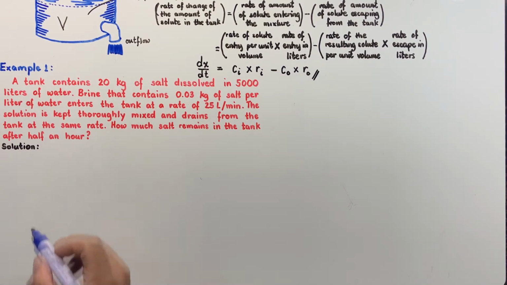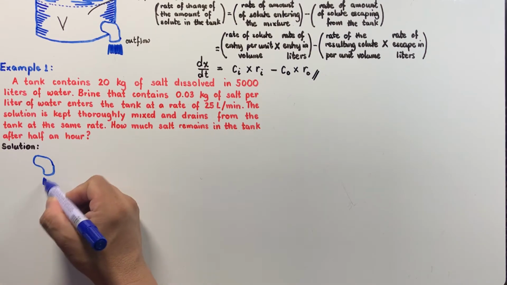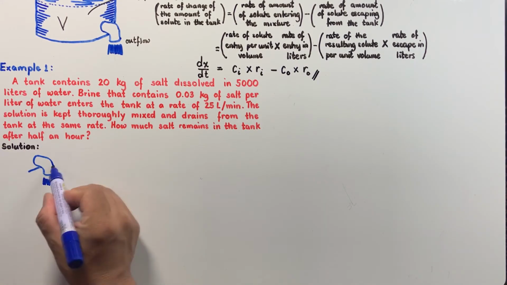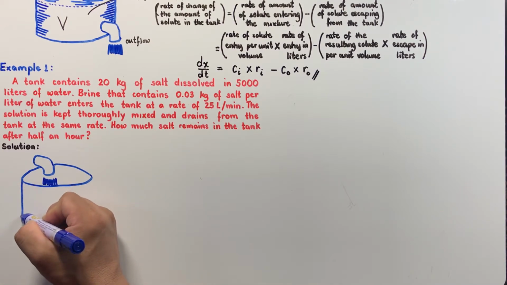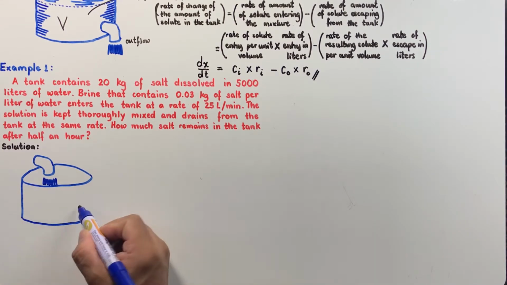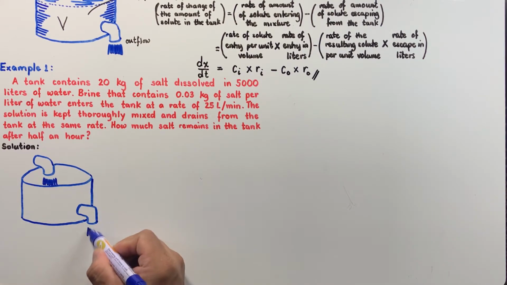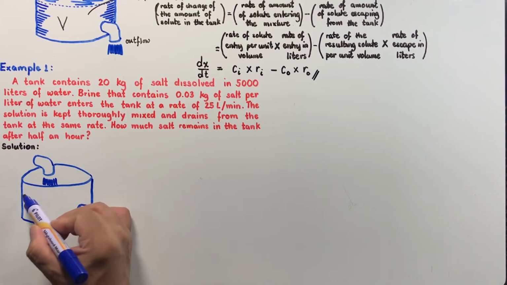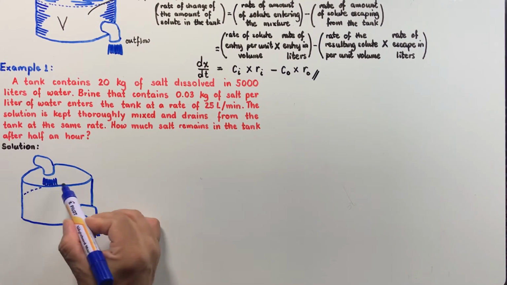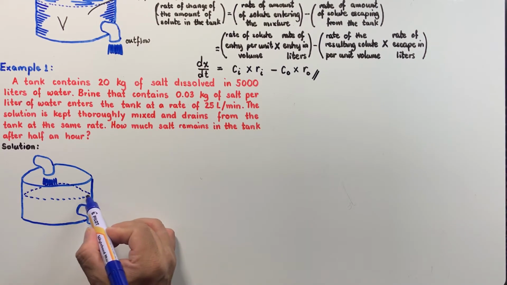So first, let us draw the inlet pipe towards the tank. So this is the inlet pipe whose job is filling the tank by some solution. There is also another outlet pipe of this tank. So this is the inlet pipe, this is the outlet pipe. Now remember that this tank also contains some solution inside.